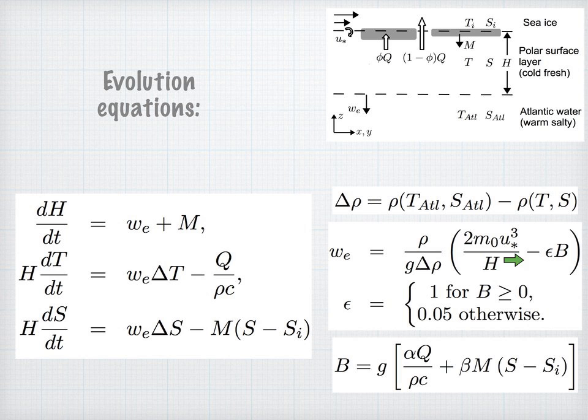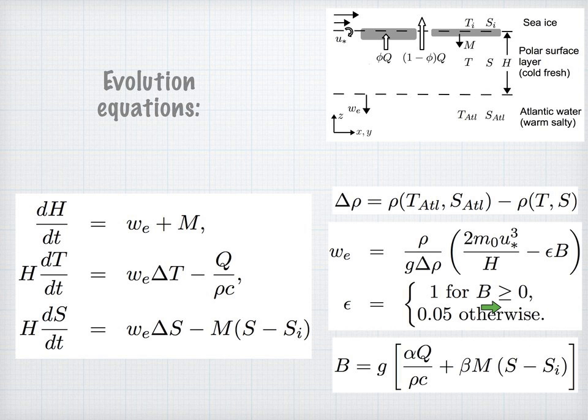And competing with the wind-driven deepening is the buoyancy term. So B here is the buoyancy flux. It consists of two pieces, one due to heat, one due to fresh water. So alpha and beta here are the expansion and contraction coefficients for T and S. And then it's written in terms of a buoyancy flux. And the buoyancy flux can have either sign, depending on the competition between heat loss and freshening.